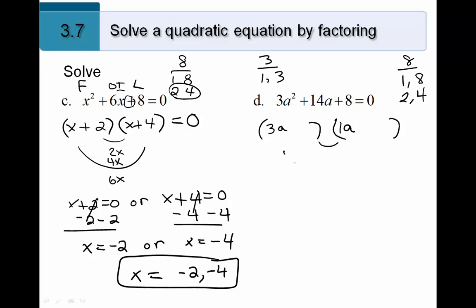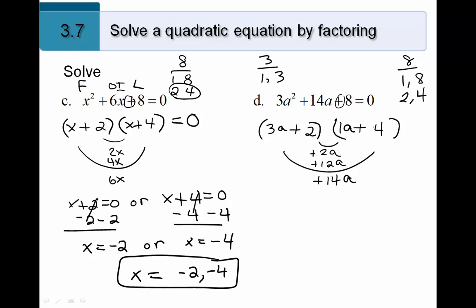I need to write them so that my inner and outer will add up to 14a. So I believe I will want to have my 2 here and my 4 here. Check your inner and outer. 2 times a is 2a. 3a times 4 is 12a. Both signs are the same. It needs to add up to positive 14a, so they're both positive.